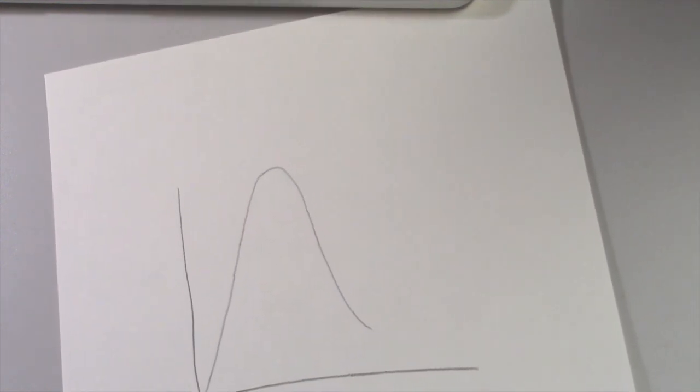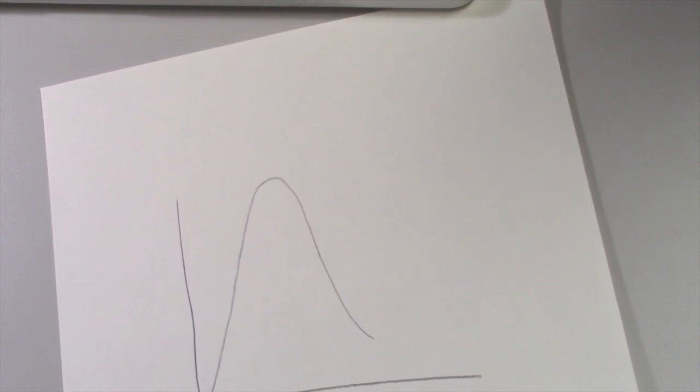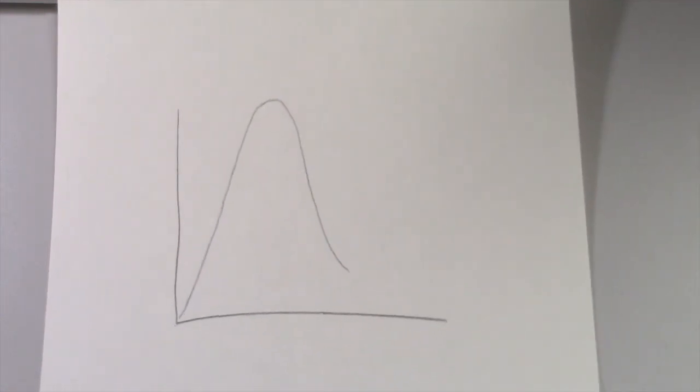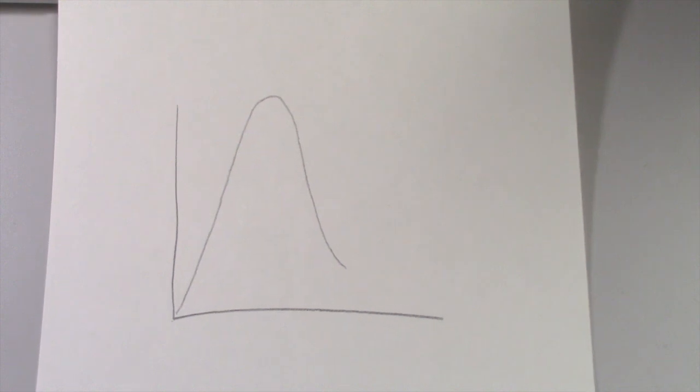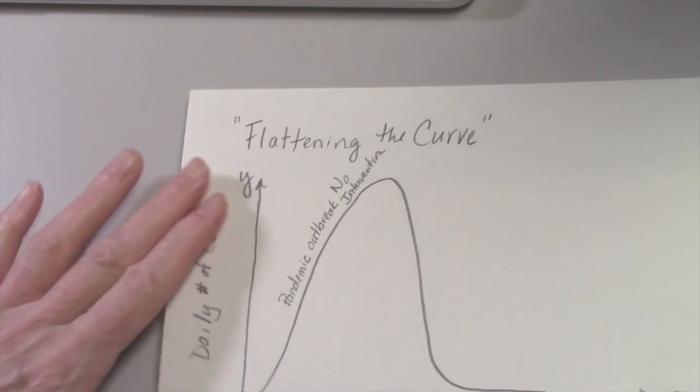What the scientists noticed was, of course, it started in China, and then it got to Europe, and they were watching Italy and how quickly it was spreading and overwhelming their healthcare system. And that was the goal, to slow it down so that the healthcare system was able to handle it. Okay, so that's when they came up with the terminology of flattening the curve.